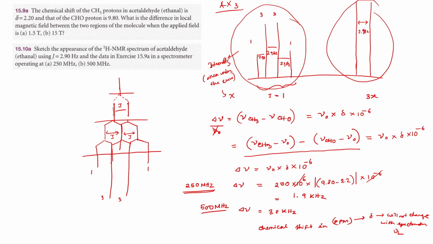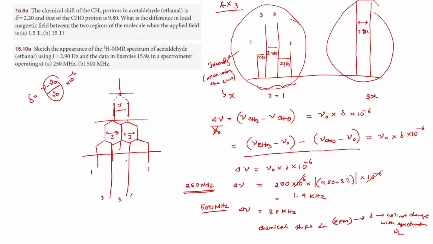Your delta is actually nu minus nu naught by nu naught, multiplied by 10 to the power 6, so it will get normalized.